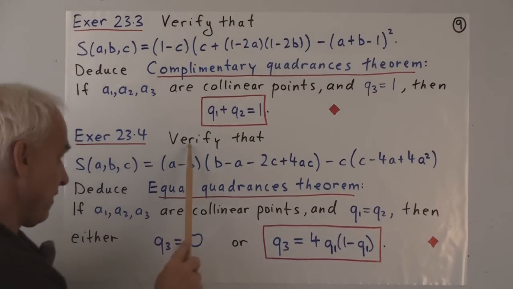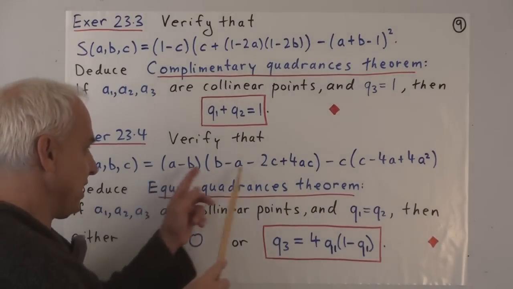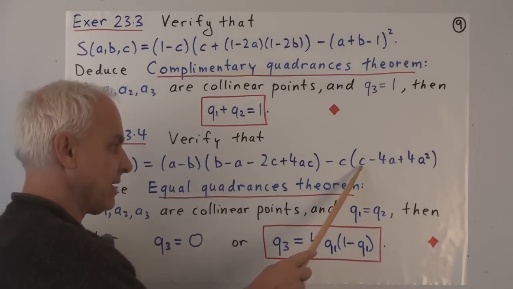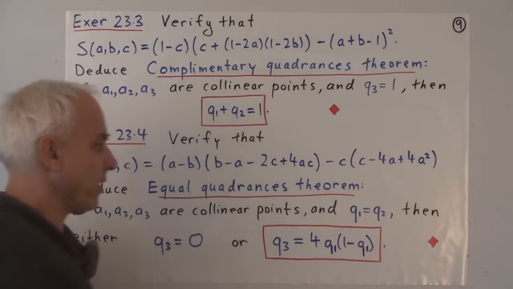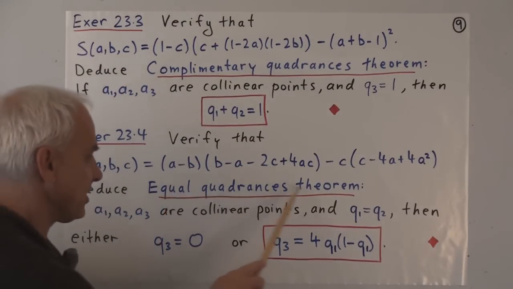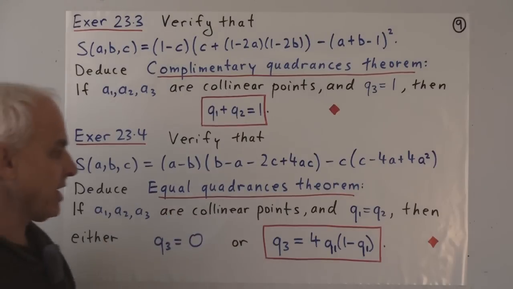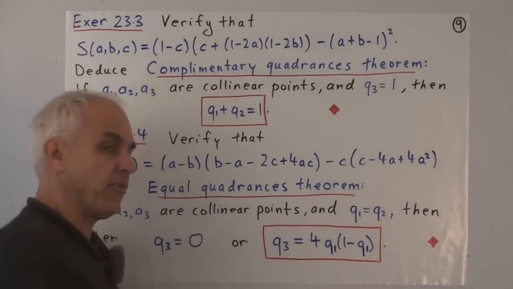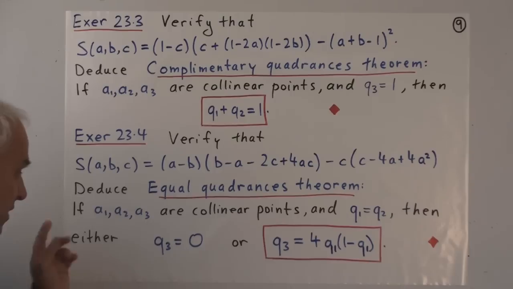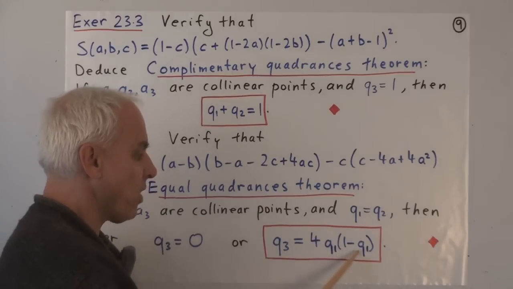The fourth exercise, verify that you can also rewrite the triple spread function in this way, as a minus b times something, minus c times c minus 4a plus 4a squared. And deduce from that the equal quadrances theorem, a very important theorem, that if A1, A2, A3 are collinear points and you happen to know that Q1 equals Q2, then the third quadrance is either 0 or 4 times Q1 times 1 minus Q1.